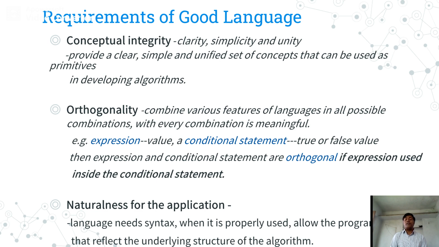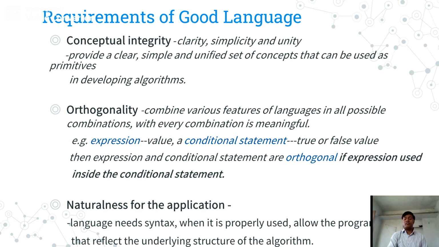And the third attribute is naturalness for the application. Naturalness for the application means the language needs syntax which, when properly used, allows the programmer to reflect the underlying structure of the algorithm. That means any language must have a natural syntax. Whatever you are developing must reflect the structure of the algorithm.